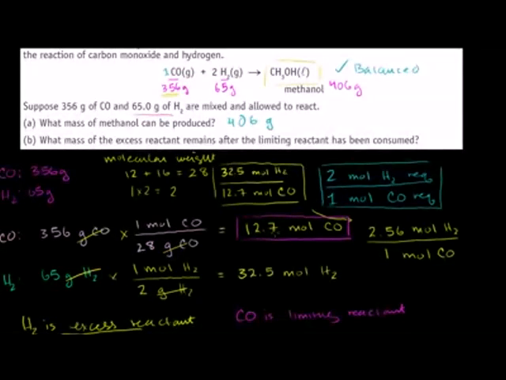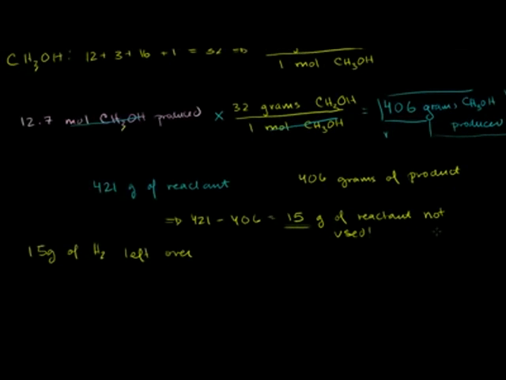That's 25.4 moles. You have 32.5, so you'd subtract 32.5 minus 25.4, and that number of moles of hydrogen is left over. You'd multiply it times the grams per mole, which is 2, and then you once again would get the same thing. You would get 15 grams.